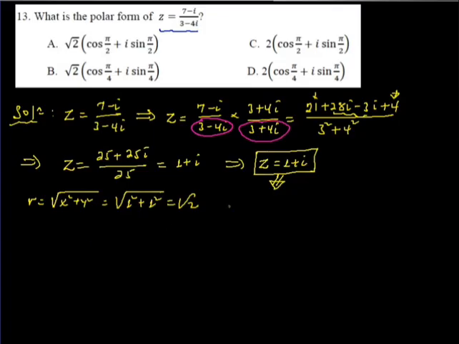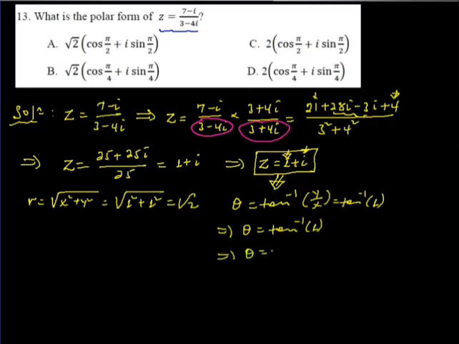So r is radical 2, and theta is tan inverse of y over x. Both y and x are 1, so tan inverse of 1 over 1 is tan inverse of 1, which means theta should be 45 degrees.